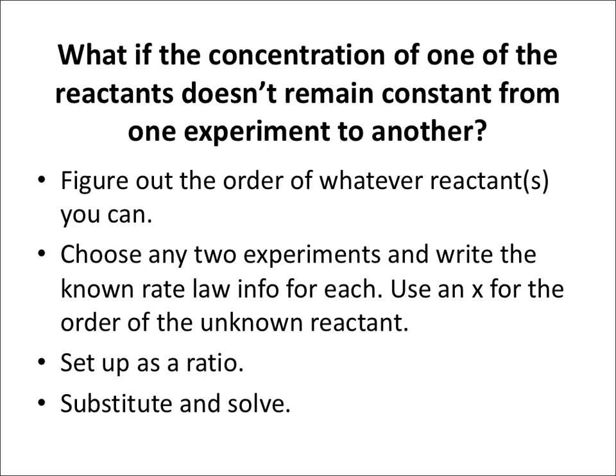So you want to solve and figure out the order of whatever you possibly can. And then what you're going to do is take any two experiments and set them up as a ratio to one another and solve algebraically. So again, the example that I'm going to show you on the next page solves it this way, even though it doesn't have to. But I will show you in class an example where you'd have to use the algebra to solve this equation. It sounds messy without seeing an example, but it's really not.